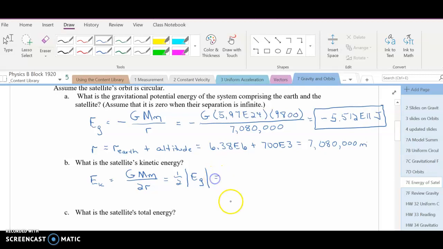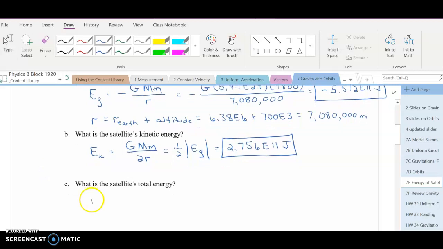So I'm not going to plug all those numbers in. I'm just going to take the number that I found, divide it by 2, and of course make sure it's positive, and I get 2.756 times 10 to the 11th joules. That's the kinetic energy of this satellite.